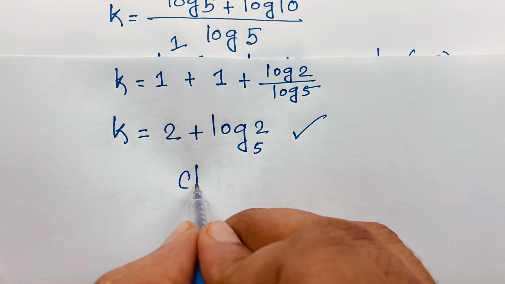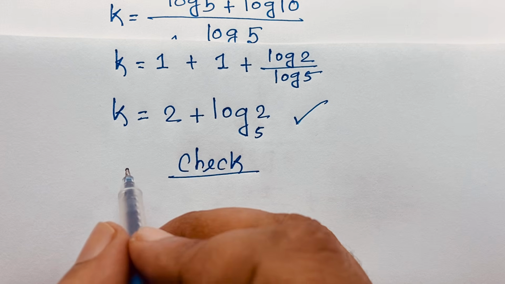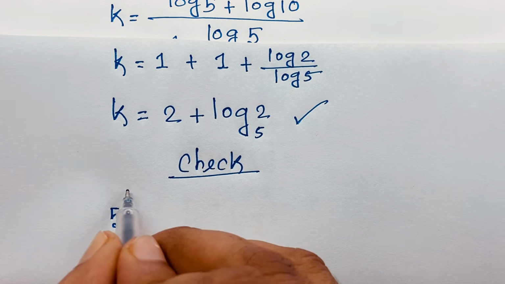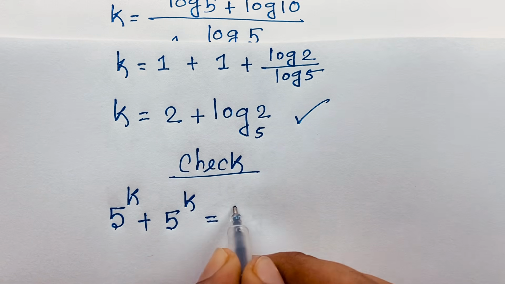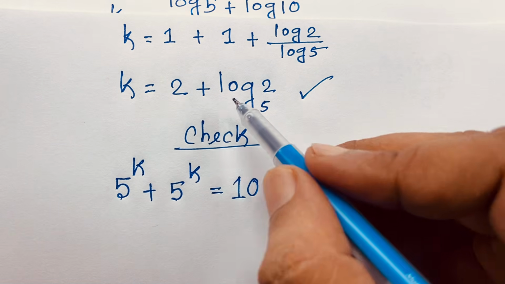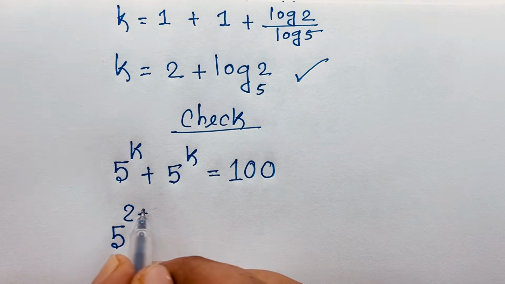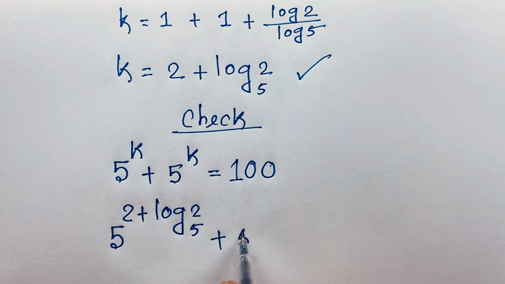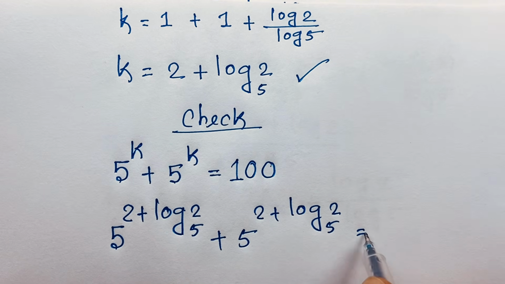Let's verify, let's check this math question, because for competitive exams it is very important. So at this moment 5 to the power k plus 5 to the power k is equal to 100. Now remember that k is equal to 2 plus log 2 base 5. So it will be 5 to the power (2 plus log 2 base 5) plus 5 to the power (2 plus log 2 base 5) is equal to 100.